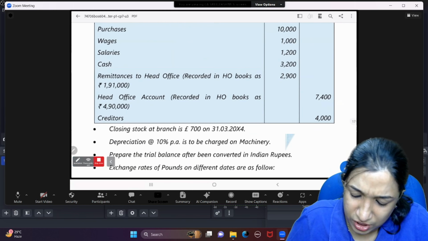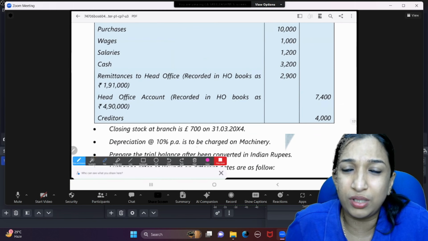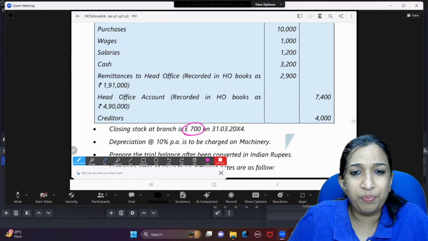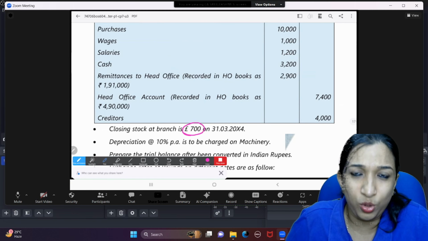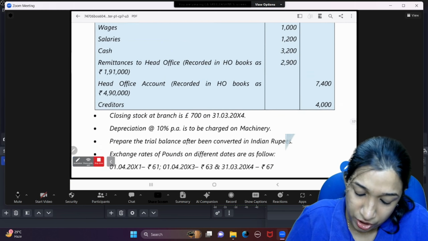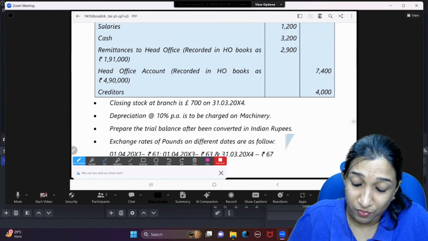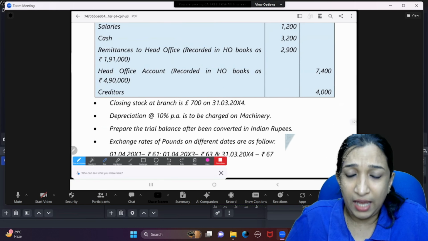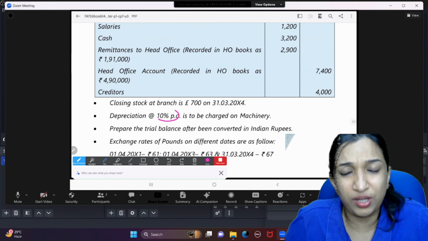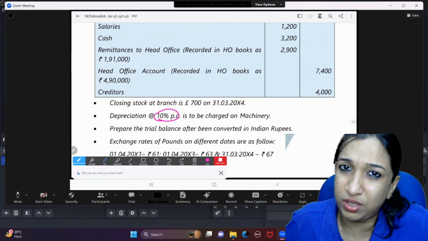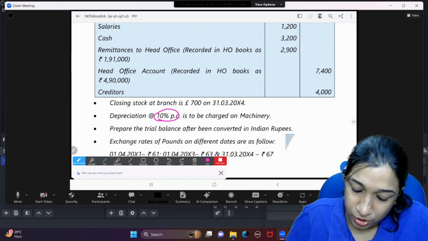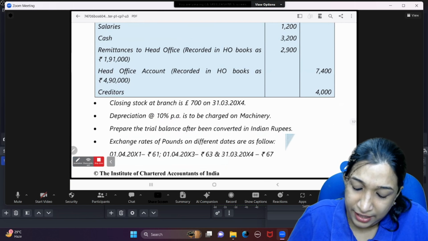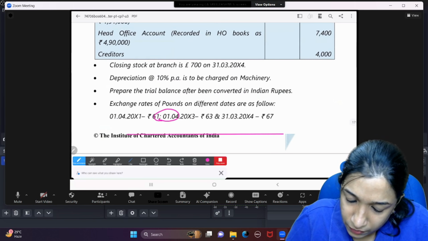Closing stock, we will not take to trial balance, but we will convert 700 pounds at closing rate. Depreciation, again, whether it is integral or non-integral, we need to know accordingly. So fixed assets, which rate you are using, same rate will be used for depreciation.